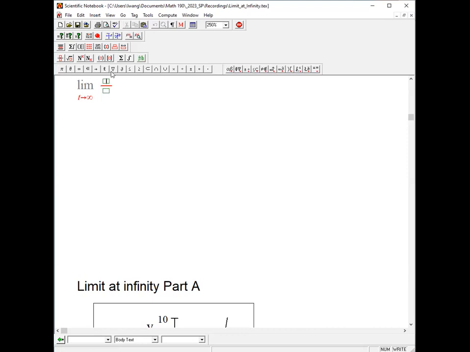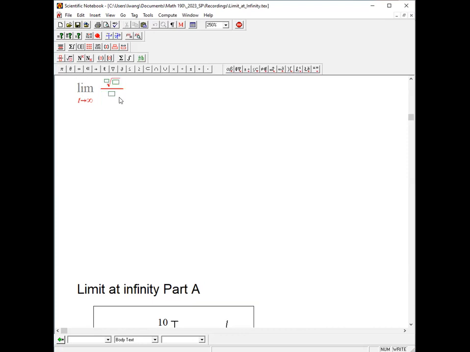And we have a division case, the root of t plus t squared, and the denominator is 2t minus t squared.